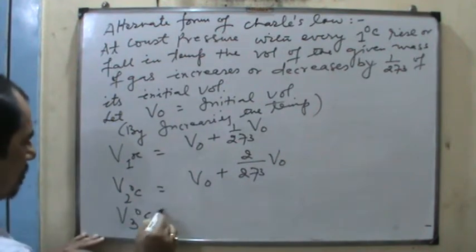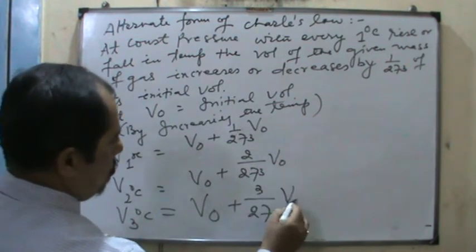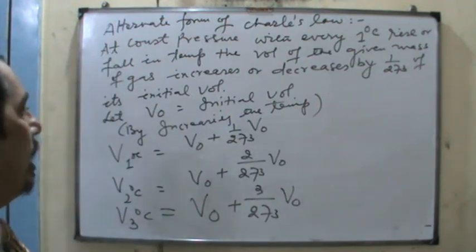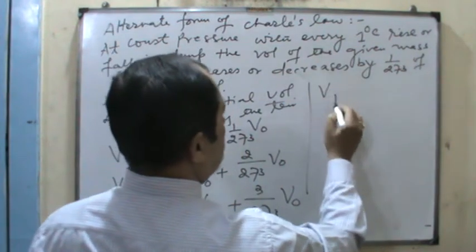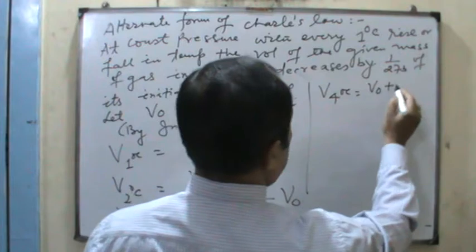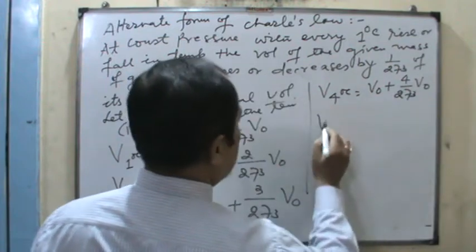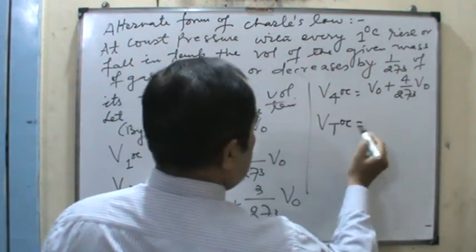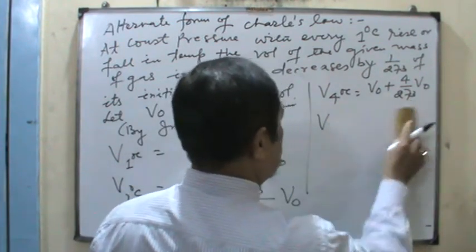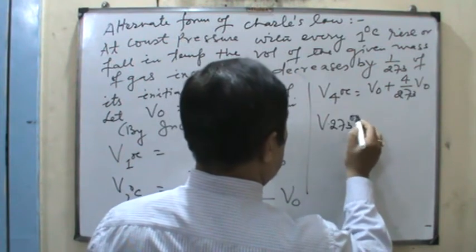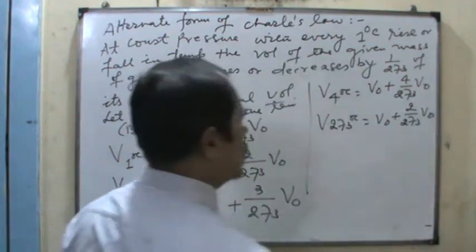Similarly, V at 3 degrees Celsius is V0 plus 3 upon 273 of V0, V at 4 degrees Celsius is V0 plus 4 upon 273 of V0, and V at T degrees Celsius is V0 plus T upon 273 of V0.